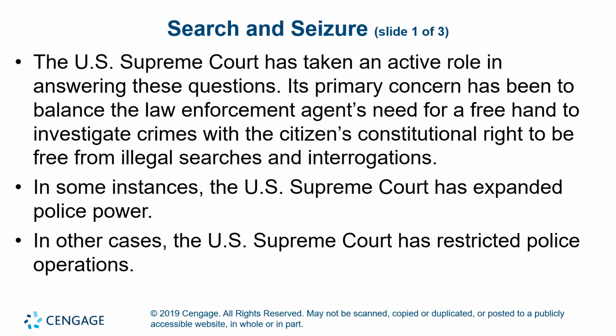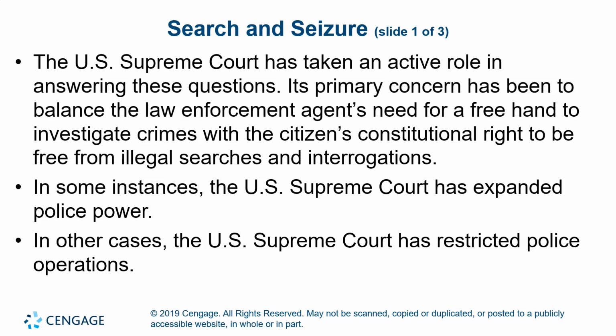Now, the Supreme Court of the United States has taken a very active role in answering most of these questions, because its primary concern has been to balance the law enforcement officer's need for a free hand, if you will, to investigate crimes with the citizen's constitutional right to be free from illegal searches and interrogations.